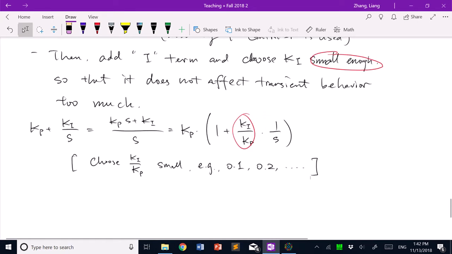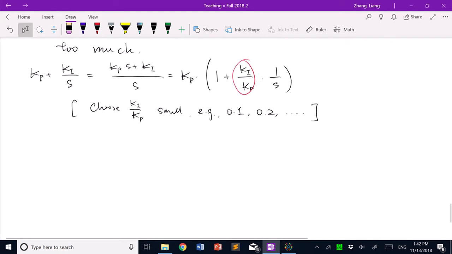Now, coming back to this example again, if I use this control, let's assume this is what we do. We choose Ki over Kp equal to 0.3 for this example. We can do this, no problem.